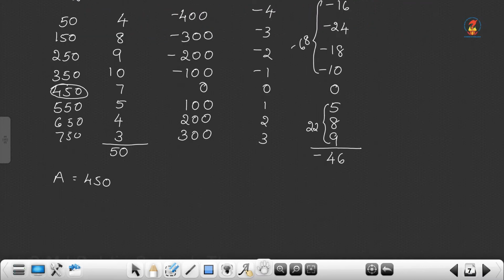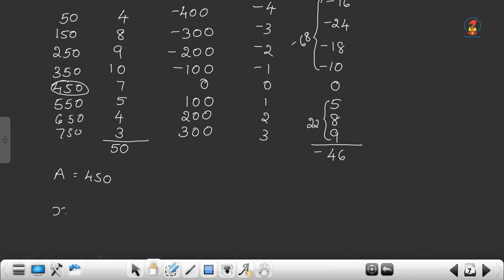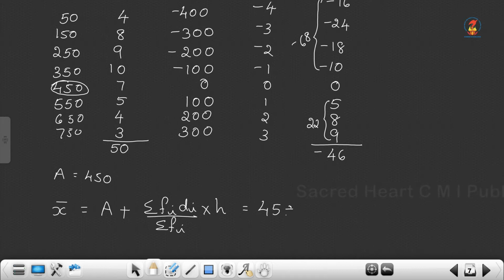So now we can find the mean x bar. x bar is equal to, by the step deviation method, the formula a plus sigma fi di by sigma fi into h. So a means 450, plus minus 46 by 50 into h.